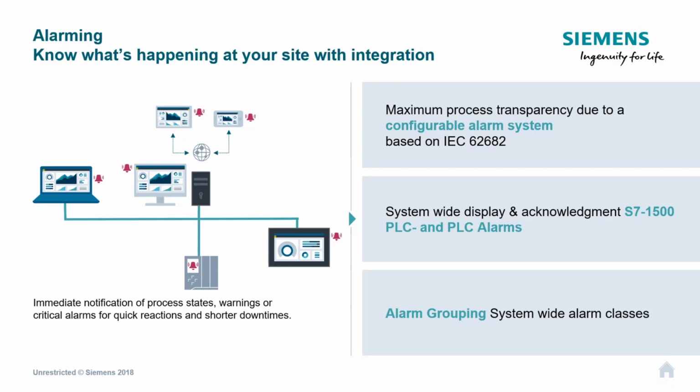We're going to talk really more about the system-wide display and acknowledgement. Okay, so on all the devices here, what we're going to do and talk about now in the next slide as well is moving away from doing the alarming based directly on the HMI system and doing it more inside the PLC along with the controller alarms.